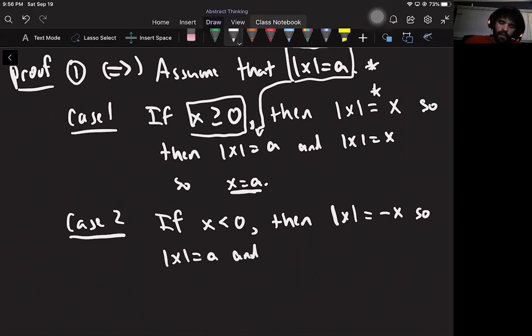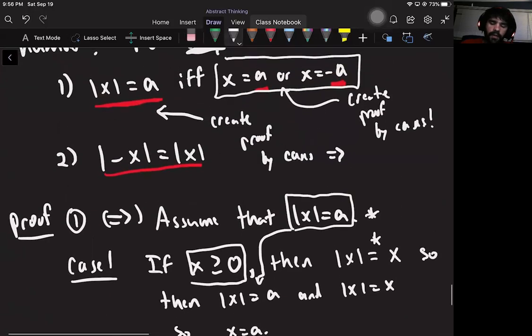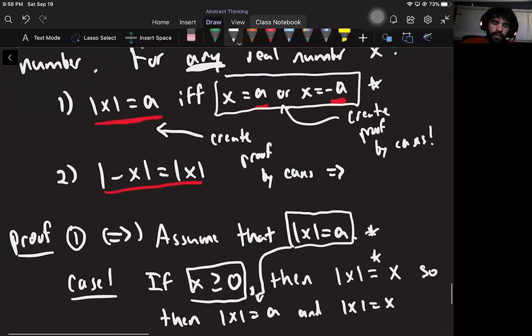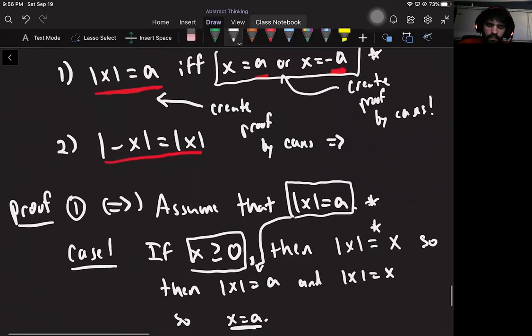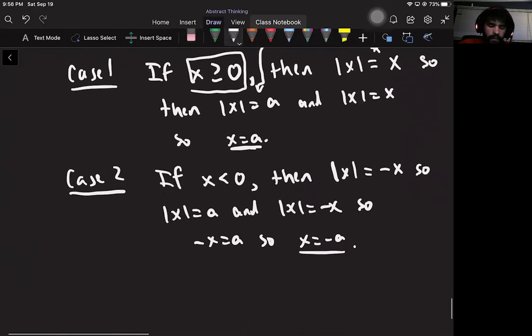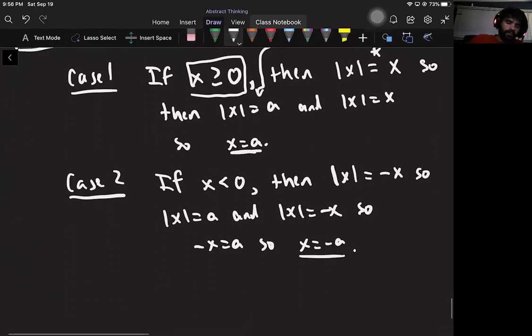And I know that the absolute value of x equals negative x, so putting those two facts together, I get that negative x equals a, which I can multiply by negative 1. So I get the conclusion that I want. x equals negative a was the other possibility, and it's true, that's what happened. So that proves the forward direction.